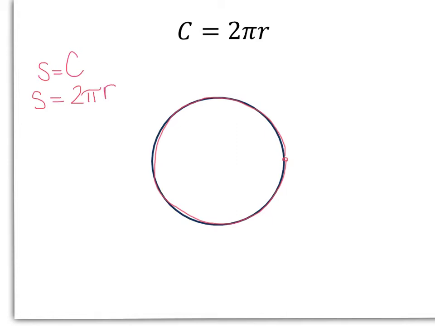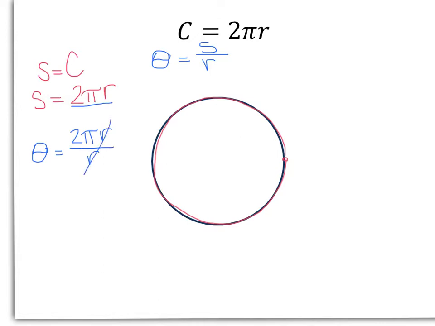If I want to calculate the value of theta with regard to this, I need to remember that theta is equal to the ratio of arc length divided by the radius. Well, in this case, arc length is 2 pi r. So I can substitute that into this formula.